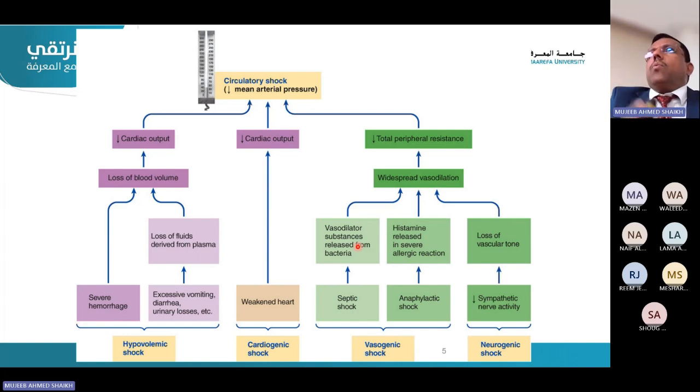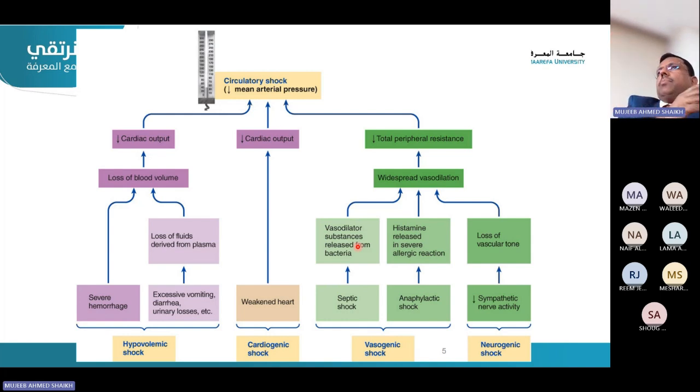So ultimately, what is the main feature of a shock? The main feature of a shock is cellular hypoxia due to decreased mean arterial pressure. Mean arterial pressure is the average pressure in the circulatory system, which is required for flow of the blood to be normal. Mean arterial pressure is around 93.